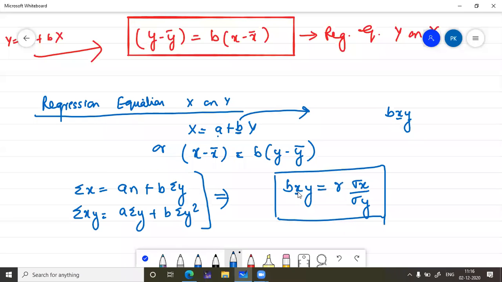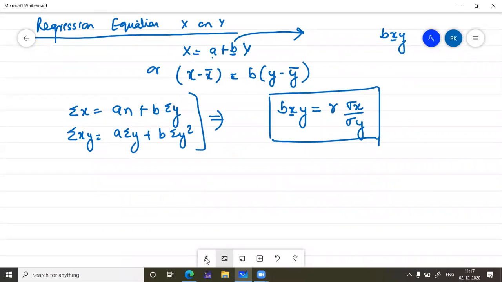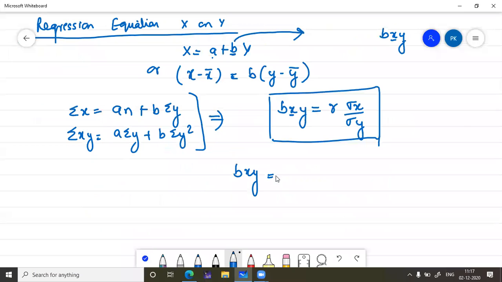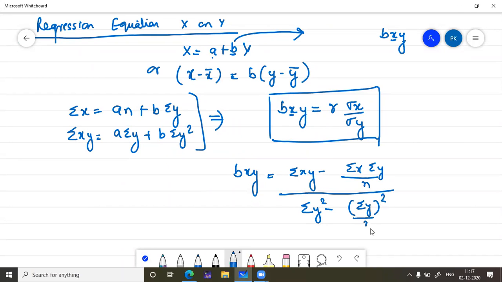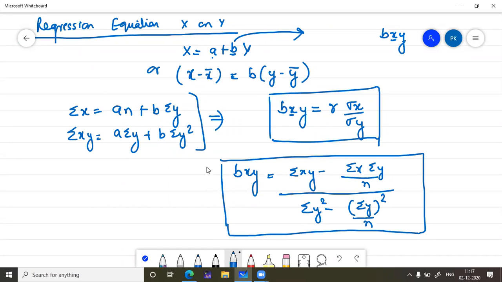This is the regression coefficient of the equation x on y and its value is r summation of x by summation of y. If I substitute the standard deviation values, then this formula becomes summation of x summation of y by n divided by summation of y whole square by n. So we have one formula to evaluate this.